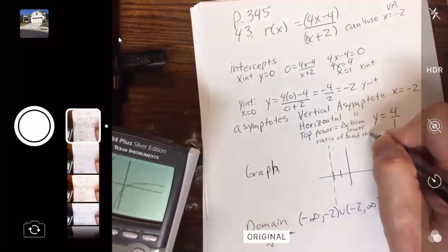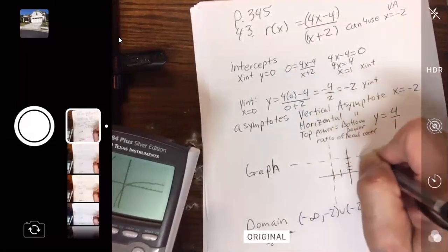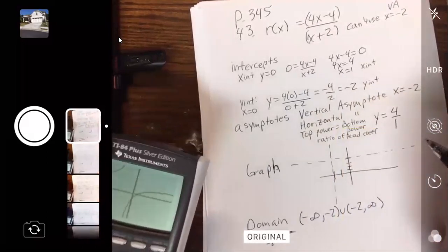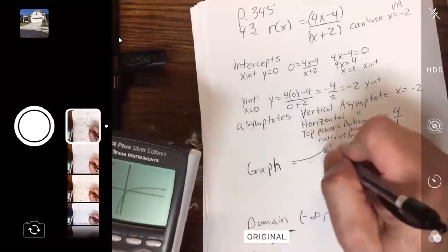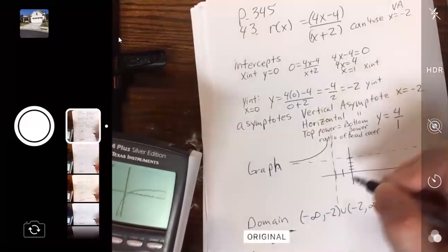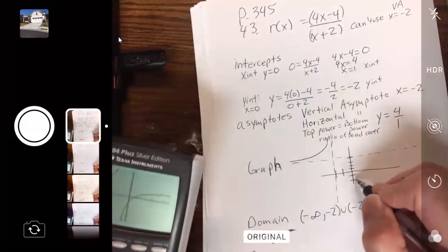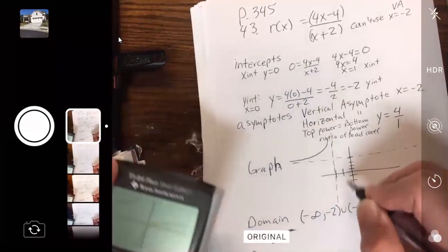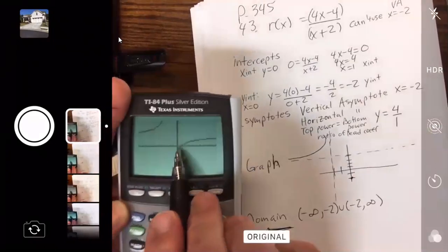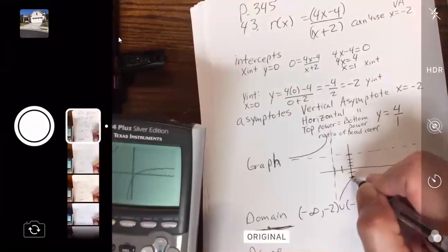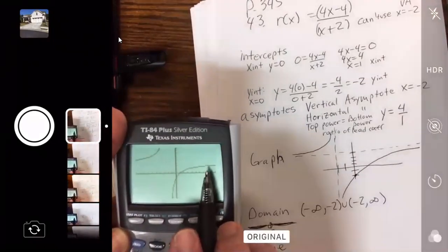So really up at 4, you've got a horizontal asymptote. So over here, this piece is doing this, and here, your piece is doing this. It's approaching -2. It's crossing at the y-intercept at -2. You can see that. So it's approaching 4. You almost see it approach 4 there.